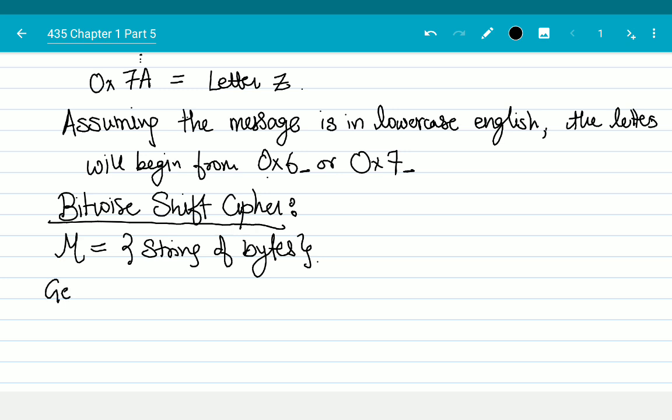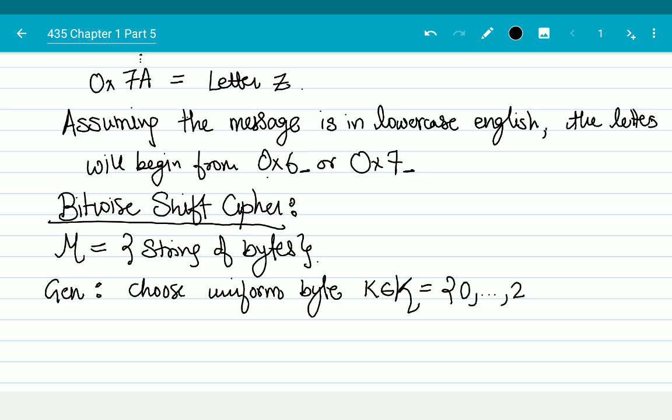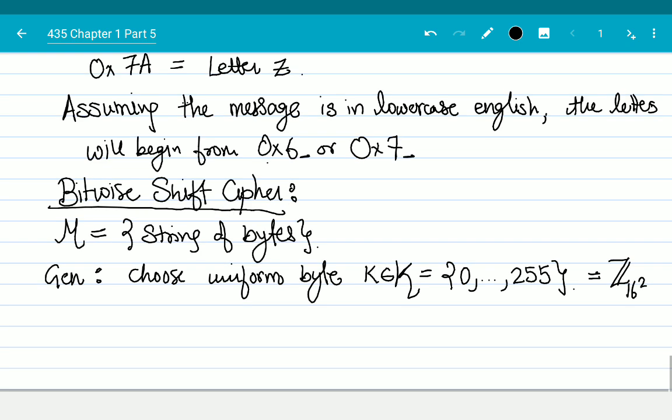My key generation algorithm chooses a uniform byte k in the key space, which is 0 to 255, which, if you think about it, is equal to 16 squared, right?